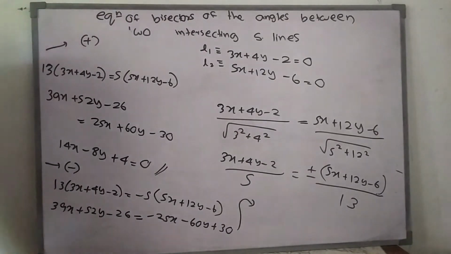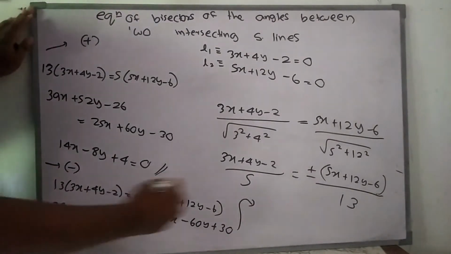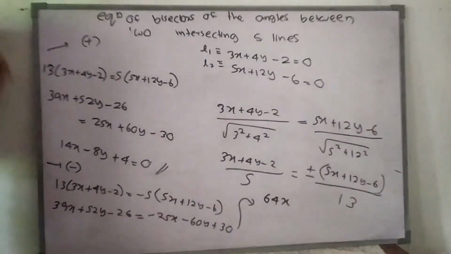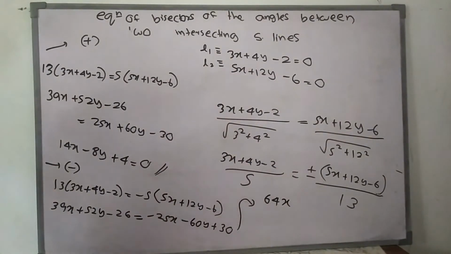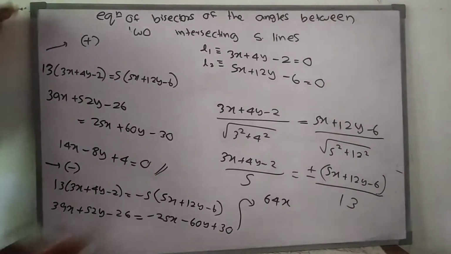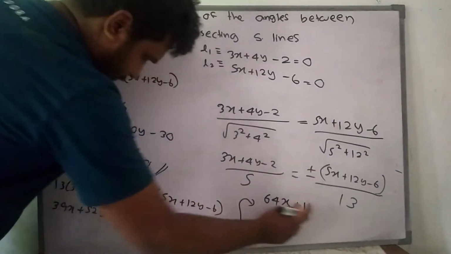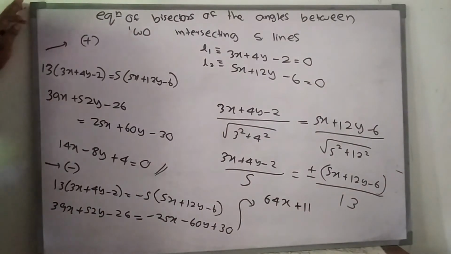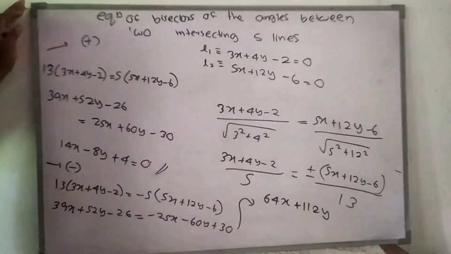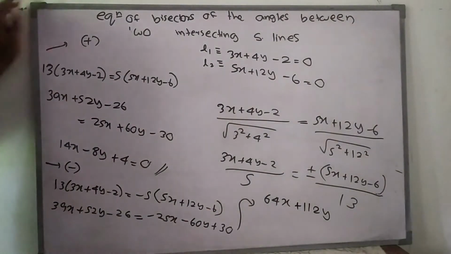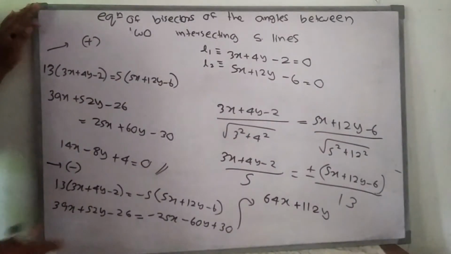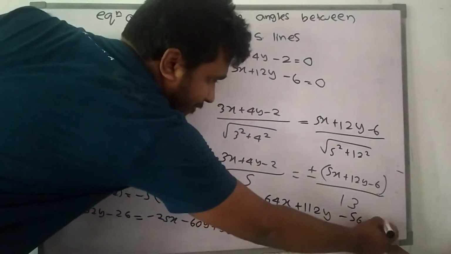Then it will be 64x plus 112y minus 56 equals 0.